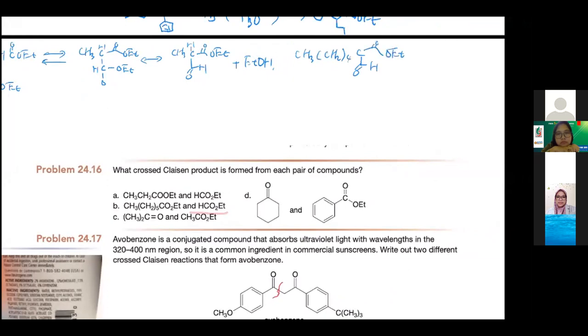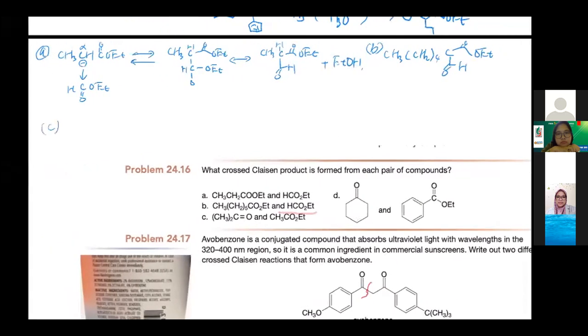So B, C, C also here, plus COOEt. It's okay now. This attacked here, and this changes to minus. Claisen reaction.